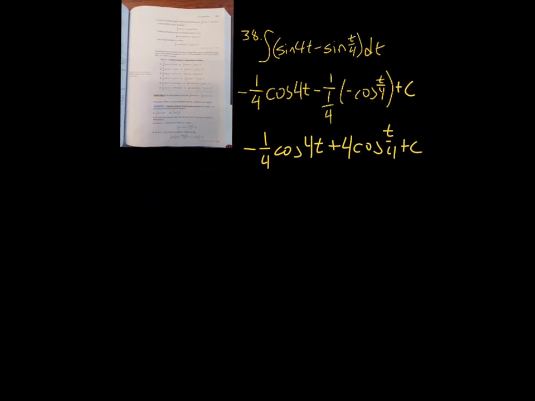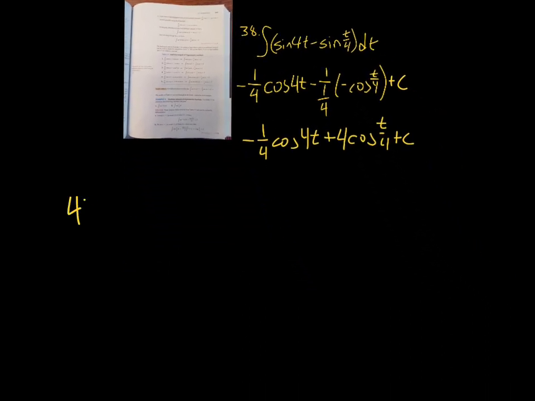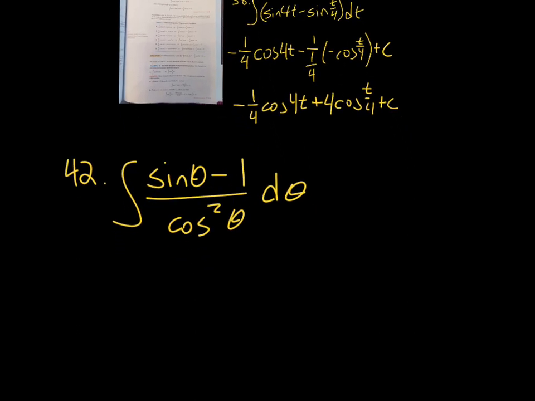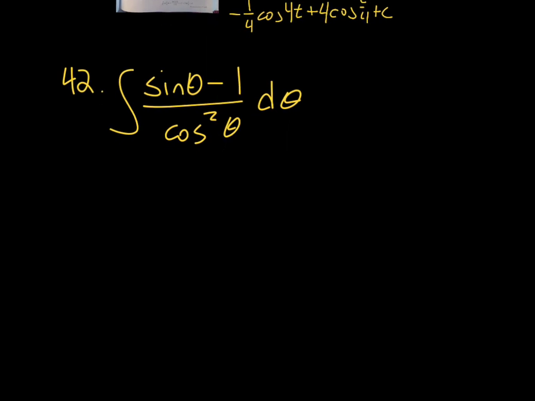So let's look at 42 also. Okay, so again, like I said before, know your limitations. We can't handle anything that's dividing. So let's split this up a little bit and see what we can manipulate it to look like. So then we have sine of theta over cosine squared of theta minus 1 over cosine squared.